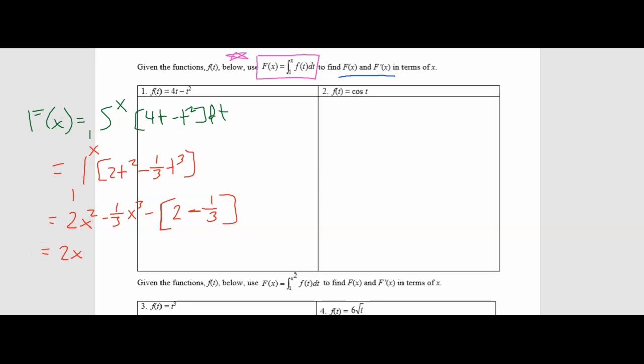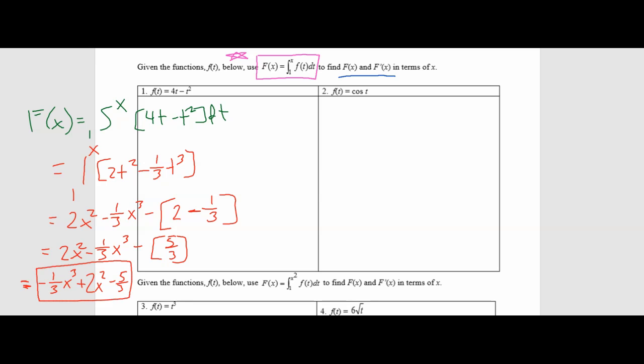So I get 2x squared minus 1/3 x cubed minus, inside of these brackets, 5/3, which is going to give me, writing this in standard form, negative 1/3 x cubed plus 2x squared minus 5/3.